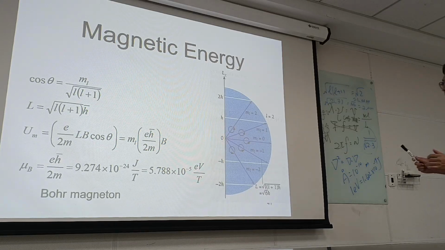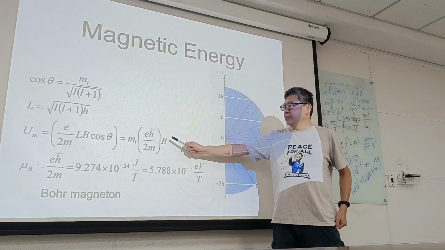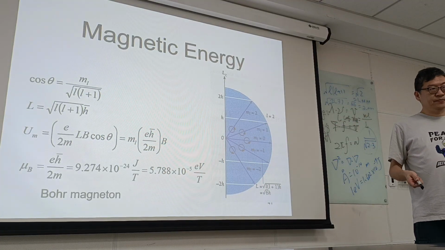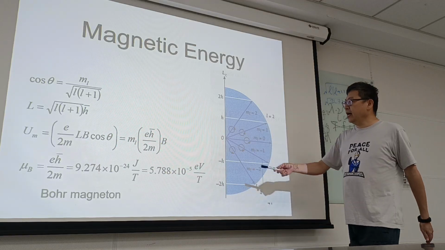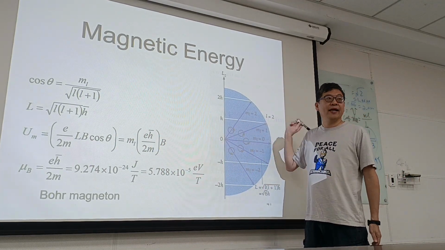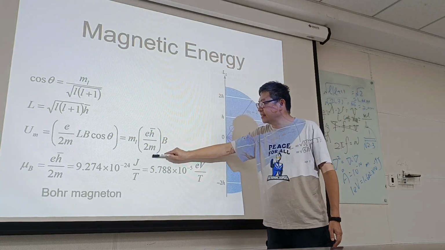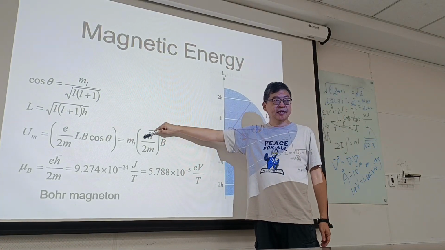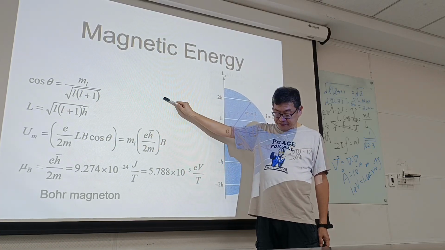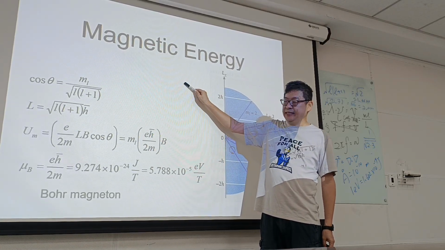This number B is the applied magnetic field. mL equal to 0, 1, 2, right? And this is a constant. Remember, e is a constant, 1.602 times 10 to the minus 19.